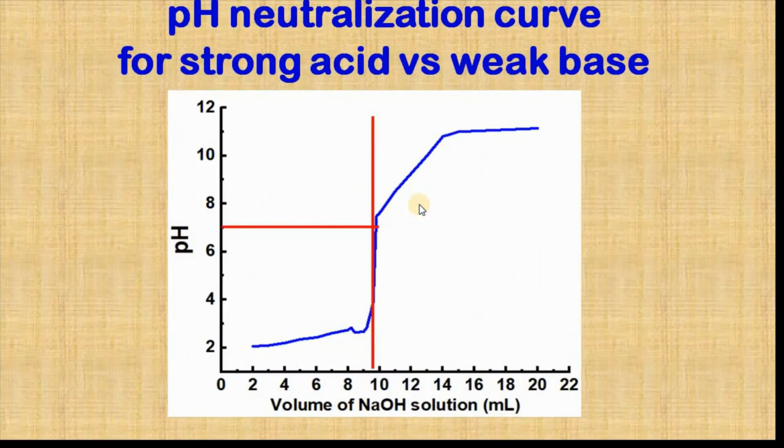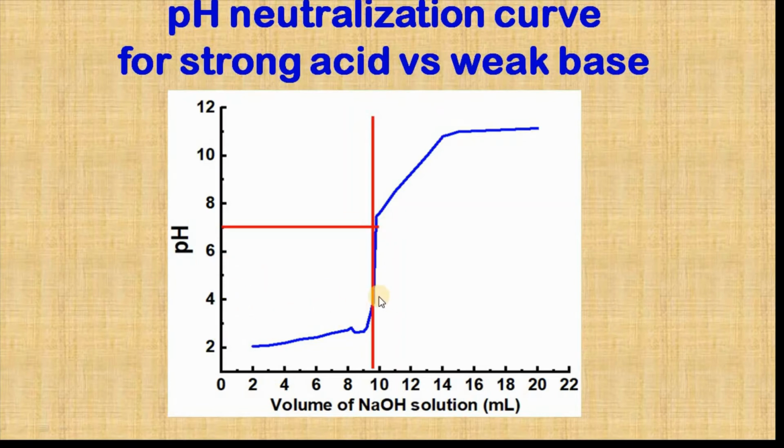So, pH neutralization curve for strong acid versus weak base. If we closely look at the pH neutralization curve for strong acid versus weak base, we see that the curve is vertical in the pH range of 3 to 7.